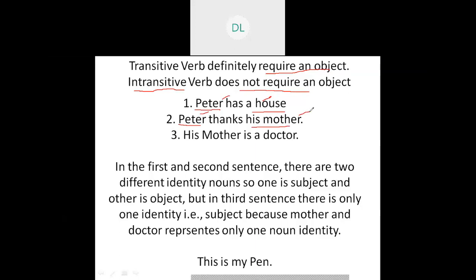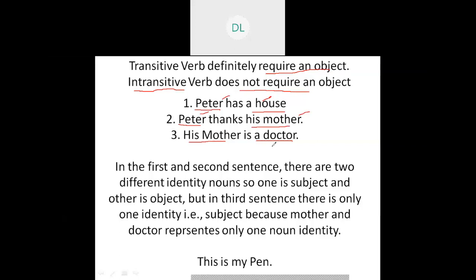With the same thought, let's go into the third sentence. His mother is a doctor. Now, his mother is one identity, doctor another identity, or let's analyze. There are two nouns. Mother is the first noun, doctor is the second noun.